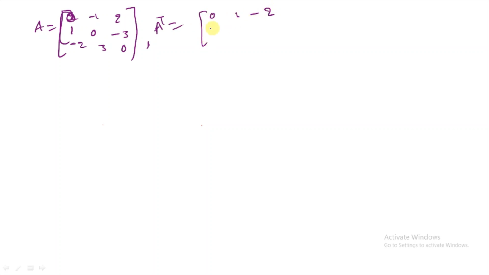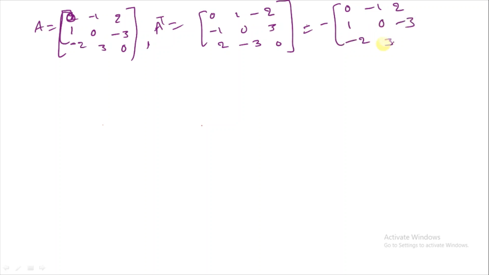First row as a column, second row as a column, third row as a column. If you take minus common in this one, you get minus of 0, 2, minus 1; minus 2, 0, 3; 1, minus 3, 0, which is the same as A. So A transpose is minus A.